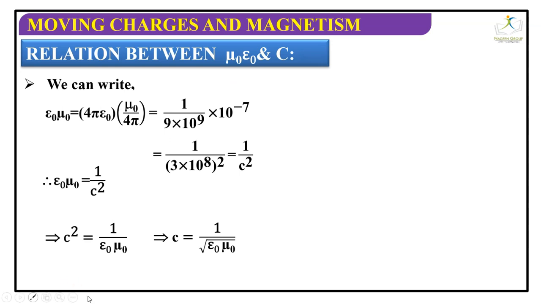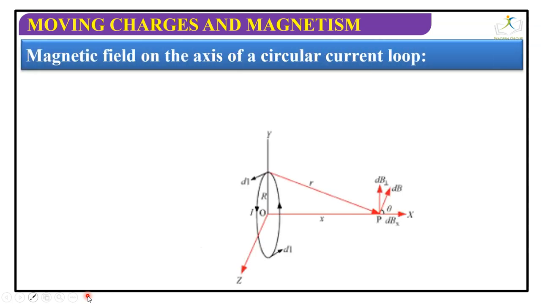So further, we start the topic: magnetic field on the axis of a circular current carrying loop. As you can see, this is a current carrying loop in which the current I is flowing, and for the small element we have taken dl.